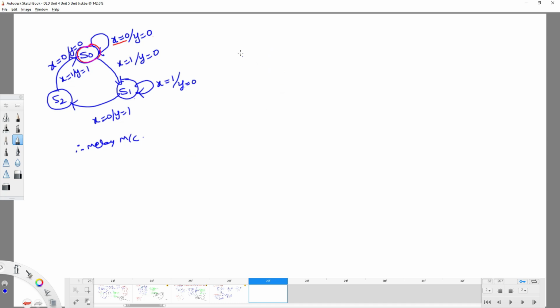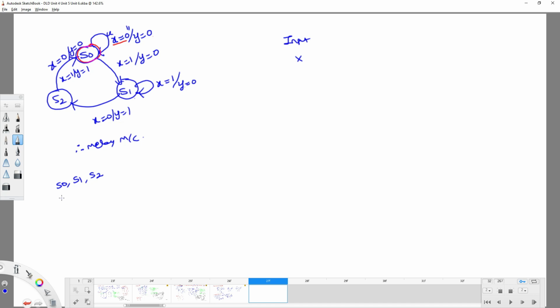If I am going to represent it, for example, the present states might be various kinds of S, right? 0 0, 0 1 and so on. So what might be the inputs? Input will always be X equal to 0 or X equal to 1. I mean, my input is X, and my present states will be either S0, S1 or S2.